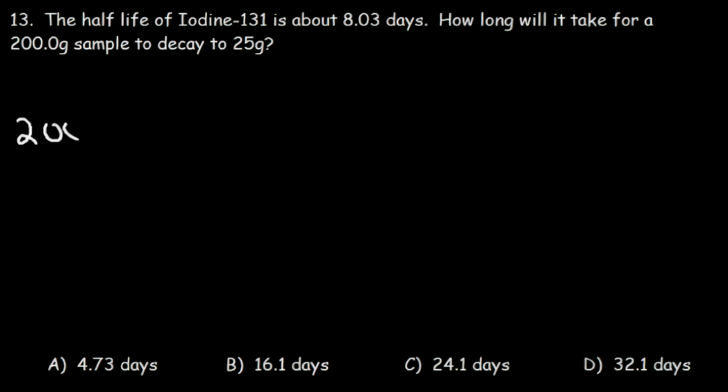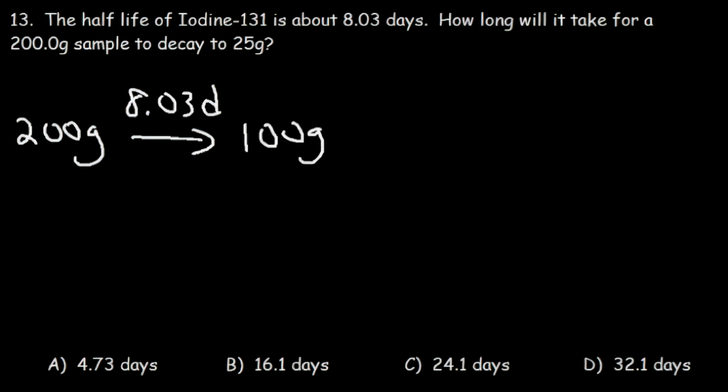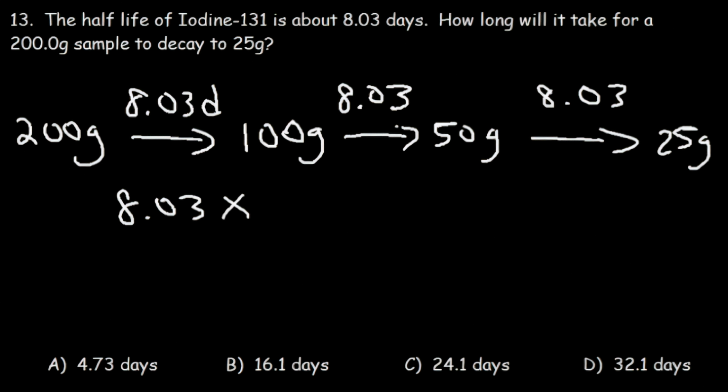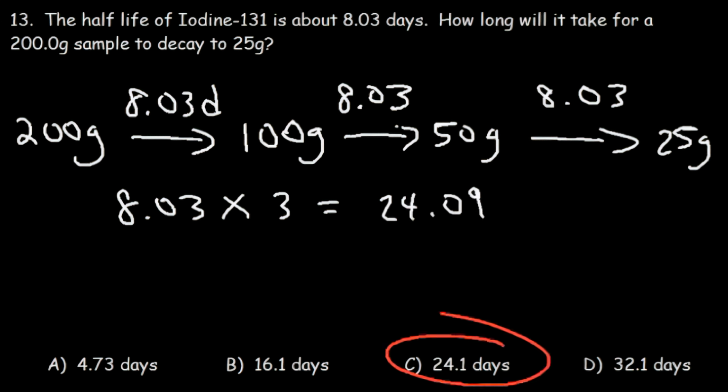Starting with 200 grams, it's going to take 8.03 days to decay to 100 grams, because that's the half-life, the time it takes to decay by half. In another 8.03 days, we're going to have 50 grams of iodine-131 left over. And it's going to take another 8 days for it to go down to 25. So 8.03 times 3 is about 24.09, or 24.1 days. That's how you can find the total time.